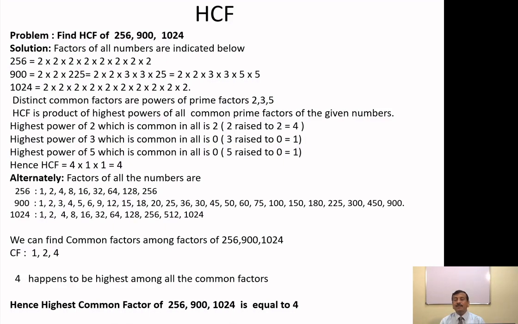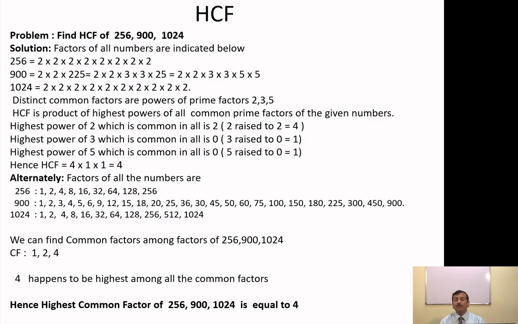Distinct common factors are the powers of common prime factors 2, 3 and 5. HCF is the product of the highest powers of all common prime factors of the given numbers. Highest power of 2 which is common in all: you can find out the highest power of 2 which is common in all.